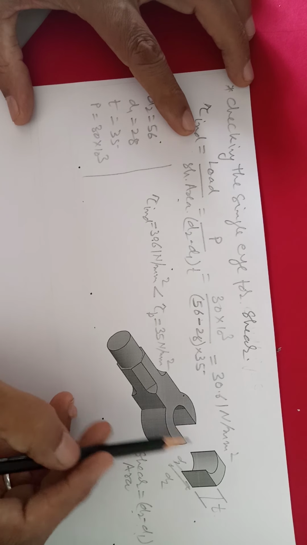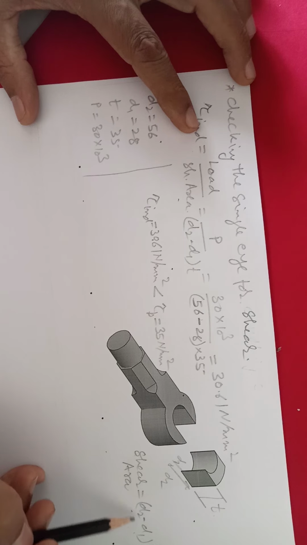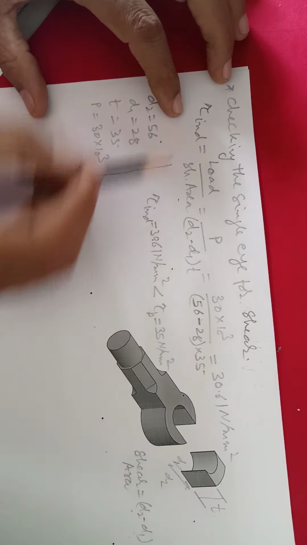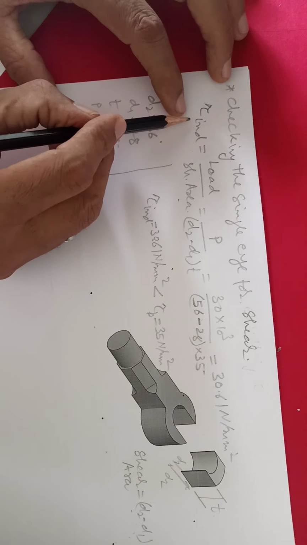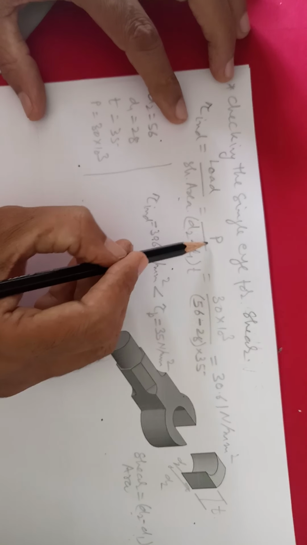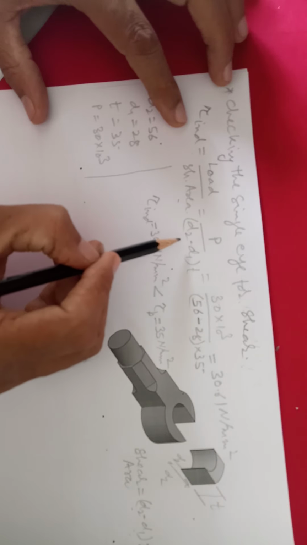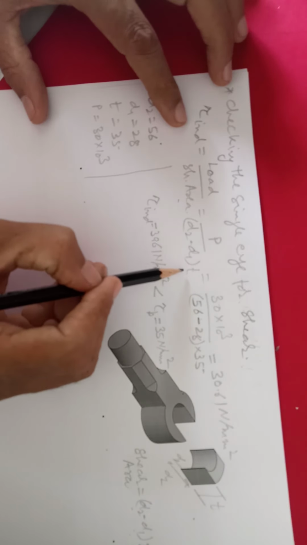So adding both the areas, the shear area becomes d2 minus d1 in the bracket into t. This is the shear area. Now the strength equation is given by tau induced is equal to load upon shear area, P upon d2 minus d1 in the bracket t.